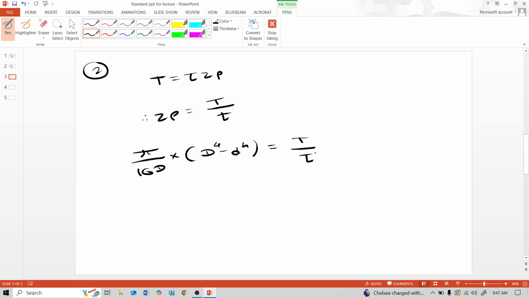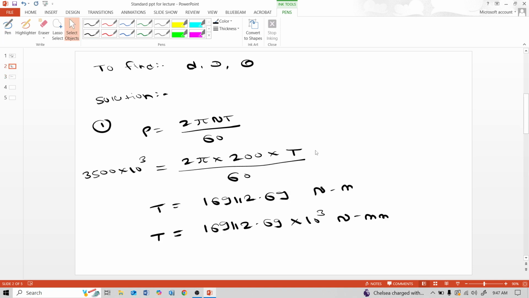This is T by tau. And this T is 169,112.69 into 10 raised to 3.